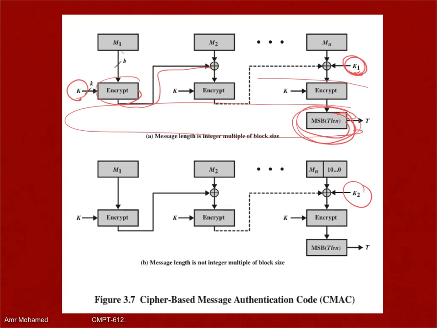This is called the CMAC. C here stands for cipher-based MAC. And there are two simple cases. You don't have to really know the details about the difference between them. The one above is the case where the message length is an integral multiple of the block size, meaning the message size is divisible by the block size, so we don't have to add padding.